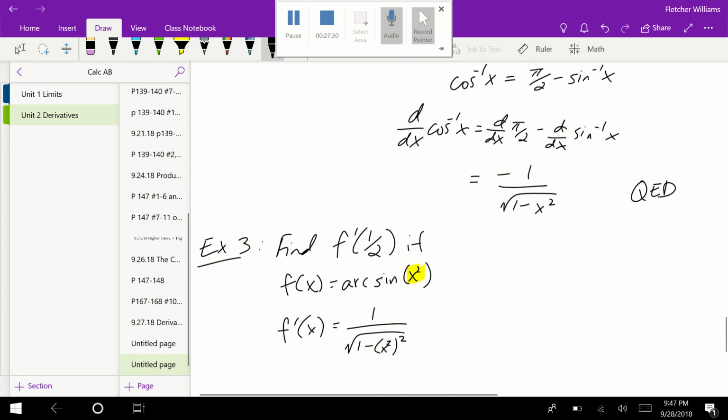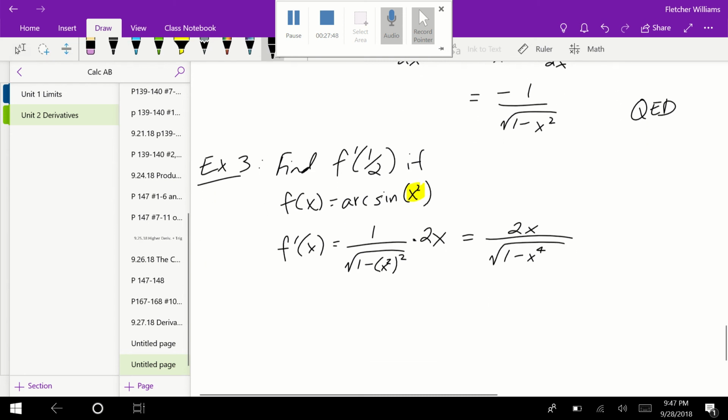All of that times the derivative of the inside. This is the chain rule, by the way. So 2x. So your final answer would be, well, not final, but the derivative would be 2x over root 1 minus x to the fourth.